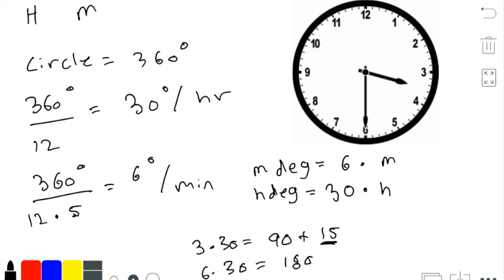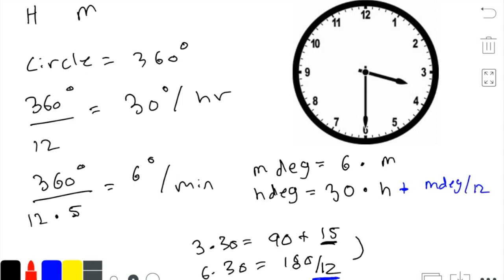Looking at this, we can devise a formula: all we need to do is take the minute degrees, divide that by 12, and then we get the amount of extra we need to add to the hour hand. So we can write hdeg as 30 times h plus mdeg over 12.